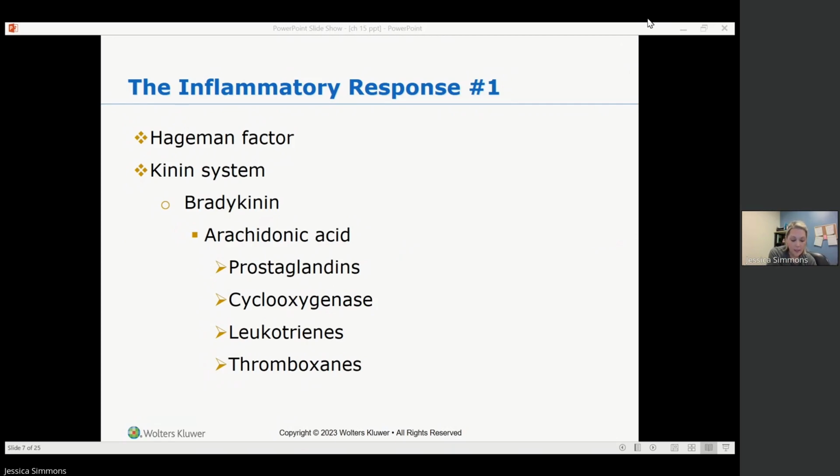Arachidonic acid stimulates the inflammatory response through activation of various chemical substances. You have prostaglandins, some of which augment the inflammatory reaction and some of which block it. You have cyclooxygenase, which is involved in inflammation and various protective actions in the body.